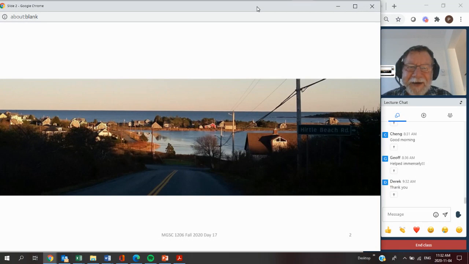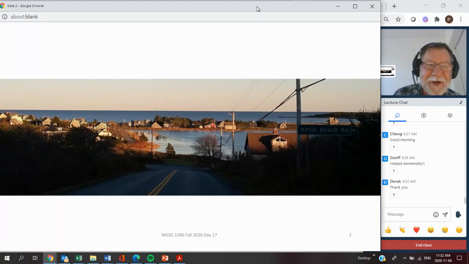I live off to the left of this picture. You may be able to see that little sign to the right, which says Hurdles Beach Road, which is where most of the traffic goes because everyone's going after Hurdles Beach with the big waves. I got a couple pictures of those from just the other day on the weekend, I think it was, and I'll share them with you another time.